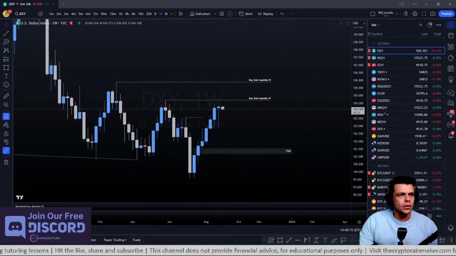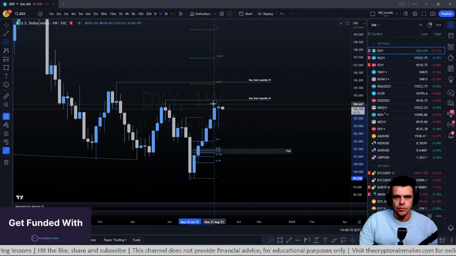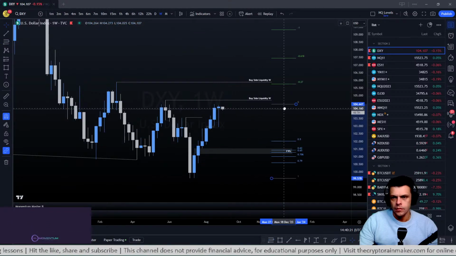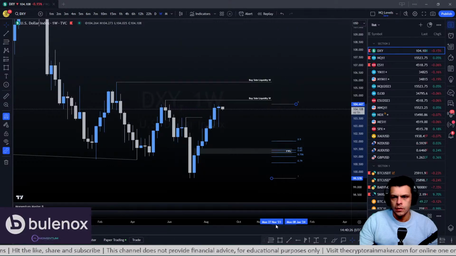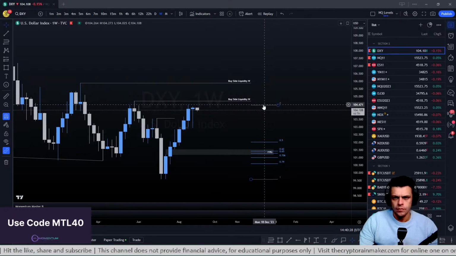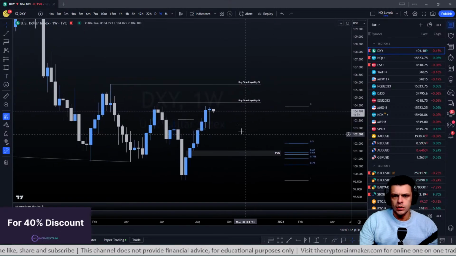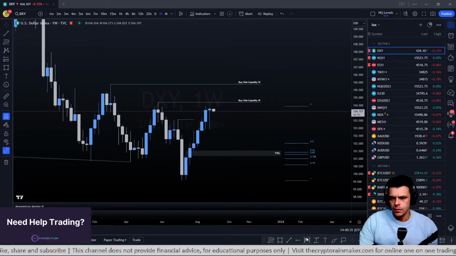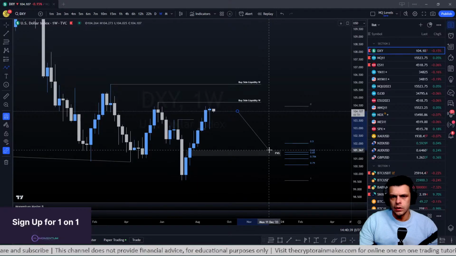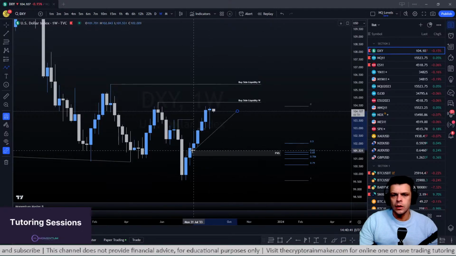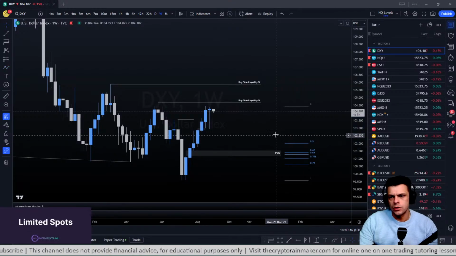So over the coming weeks we could potentially expect a move back into the discount range. And seeing that we have this fair value gap right here in alignment with the Fibonacci 618, I'm going to switch off the extensions for now.